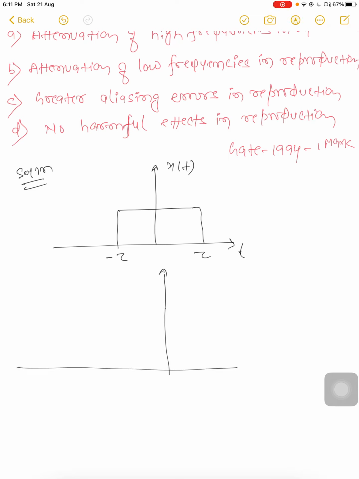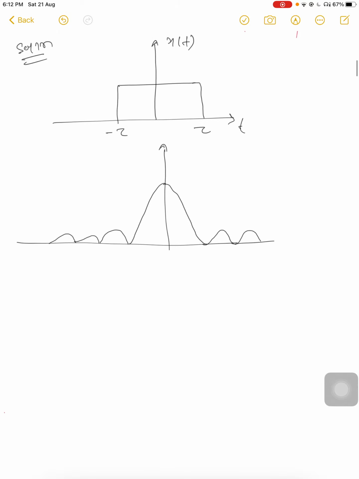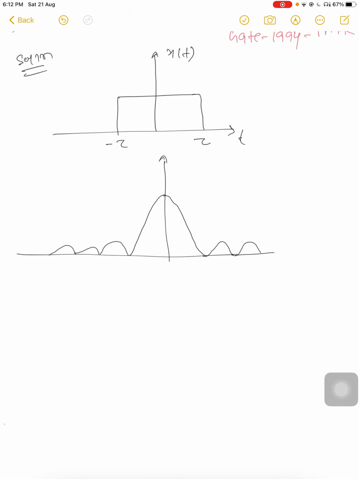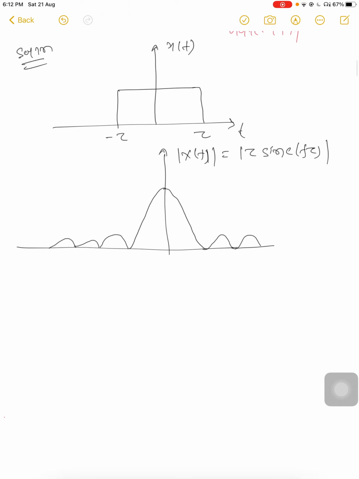Then the spectrum will look like this, and its magnitude will go down after some time. The magnitude of X(f) equals tau sinc(f tau) magnitude.